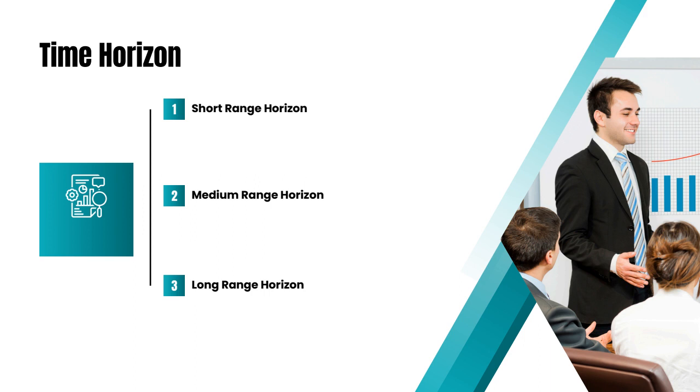A medium range horizon can be anything from 12 months to 5 years. A medium range horizon is used for your sales plan. So how do you develop a pipeline? Who's your customer? Who's your market? What are the products that you are selling? Is there any introduction of new products that you're bringing into the market? What is then your production plan?